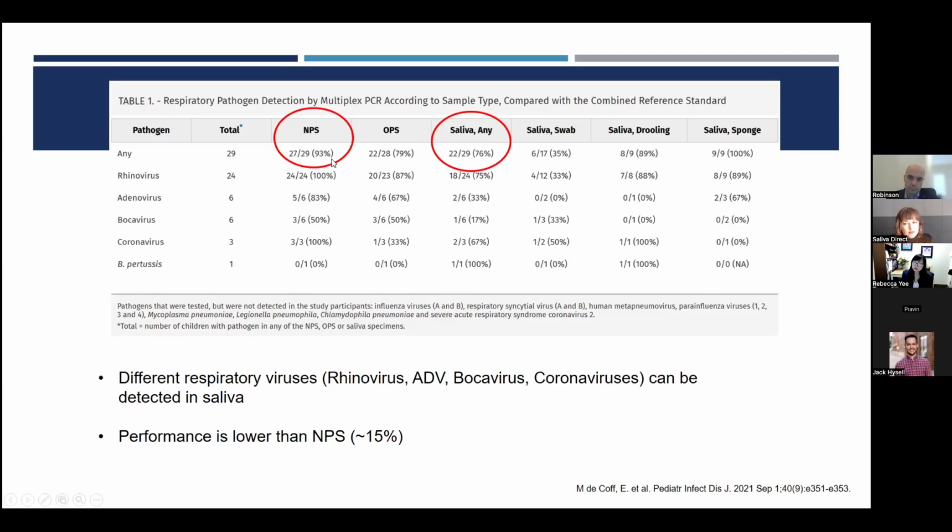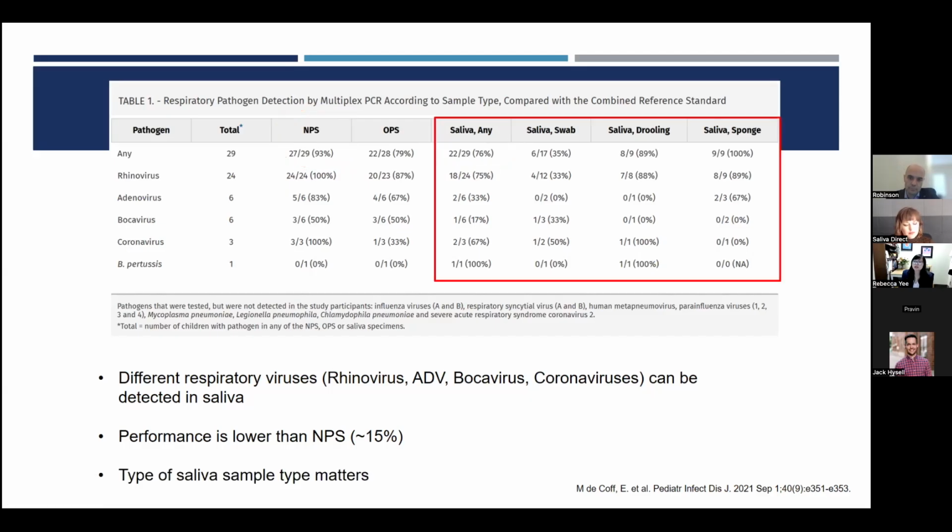But what was also interesting from the study was that the type of saliva specimen also matters. They tested saliva swab versus just collecting saliva from drooling, as well as saliva collected on a sponge. You can briefly see here that saliva collected using the drooling mechanism or a sponge tends to do better than saliva swab. So the type of saliva specimen does matter.